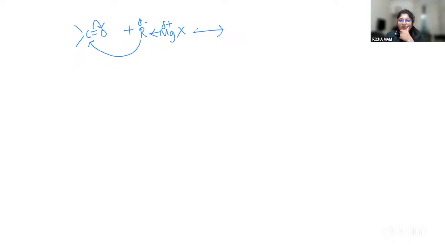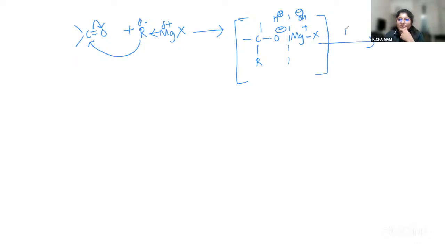What I'm going to get is C, R, O minus MgX plus. Addition of water takes place: here H will be added, here OH will be added. In the presence of water and acid, I'm going to get C-OH R plus MgX and OH. So this is the reaction.